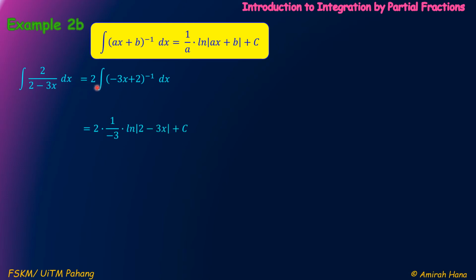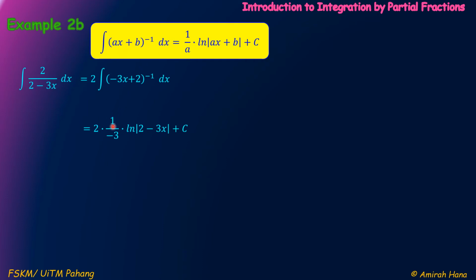After we integrate, we still have the constant 2 in front, and no more integration sign. After we integrate the linear term to the power of -1, the answer equals 1 over a. A here means the coefficient of x.